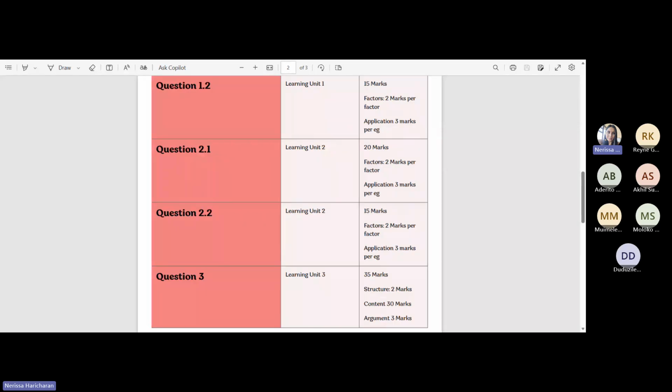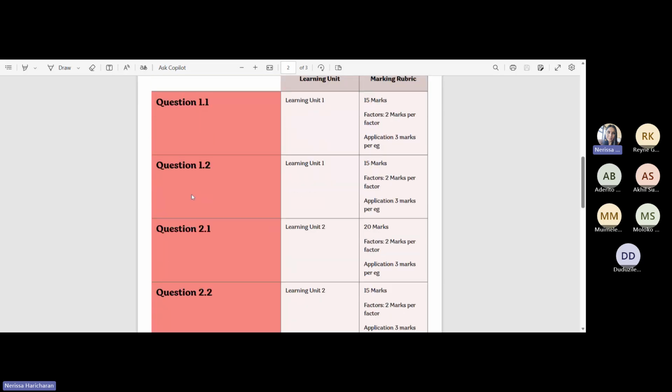Okay, so I'm going to leave this for you to go over because I just want to share the assignment so we can have a quick run through. Obviously, I can't share 2 items at the same time, but just take a mental picture of what this is. I just want to share the assignment quickly.